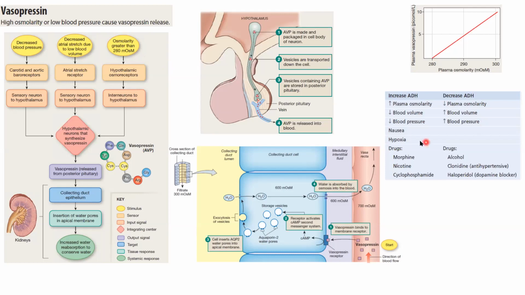So the only thing left is this nice table that details increased ADH. When does it happen? In this scenario. Decreased ADH. When does it happen? It happens in this scenario. You just need to remember this. Remember, nausea and hypoxia are interesting entries for increased ADH.